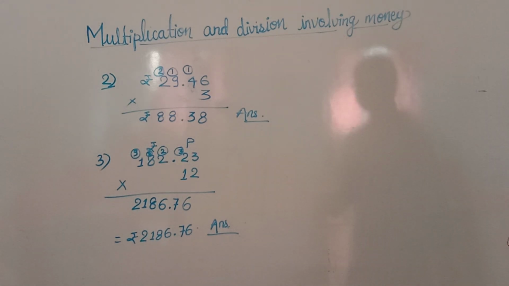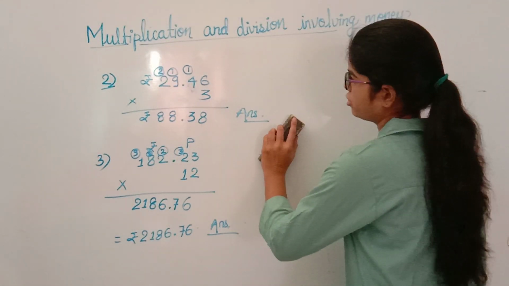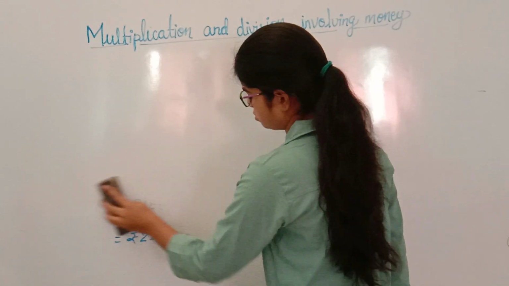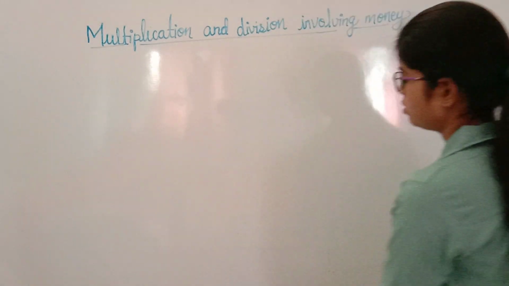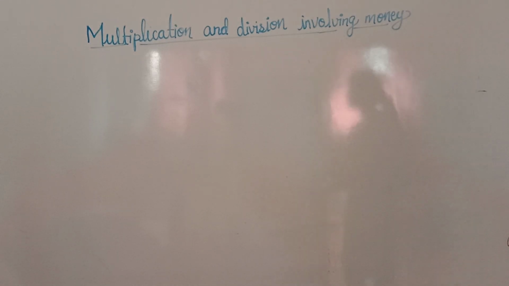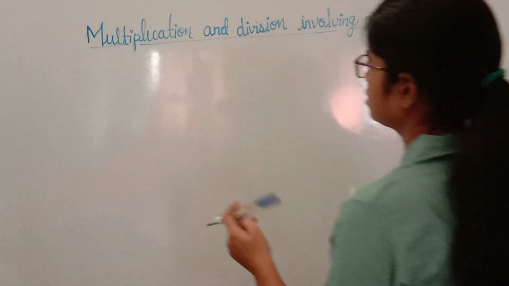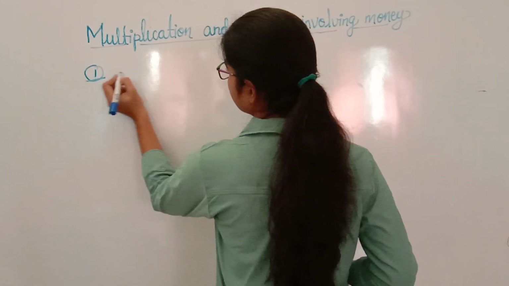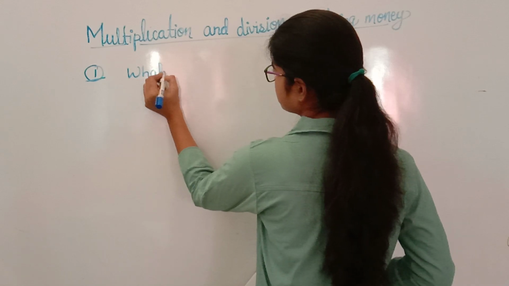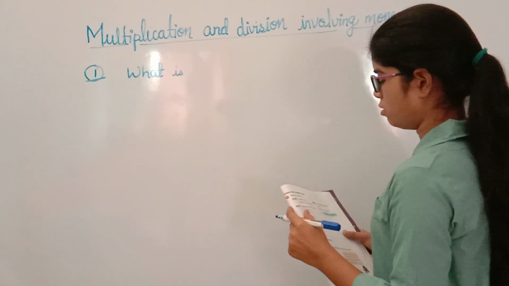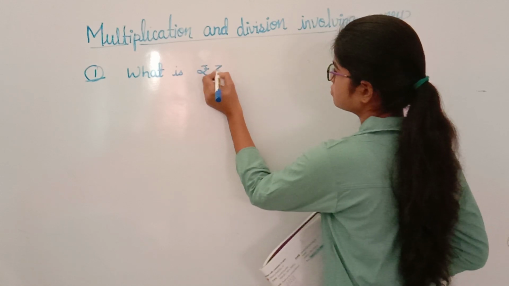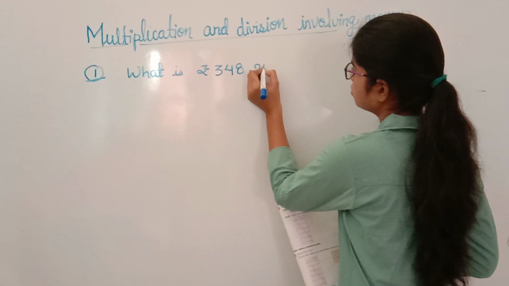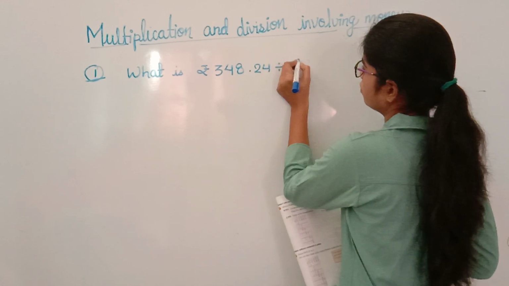The next concept is this: these 3 questions are based on multiplication, but in the next concept we will see division. So, division with conversion to paise. The first question is: what is rupees 348.24 divided by 2?